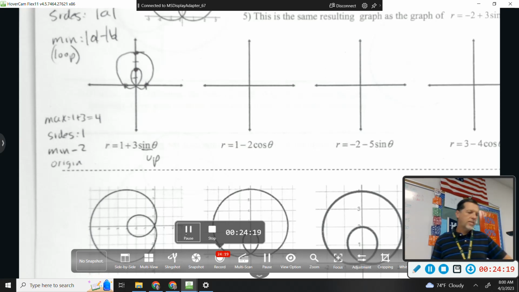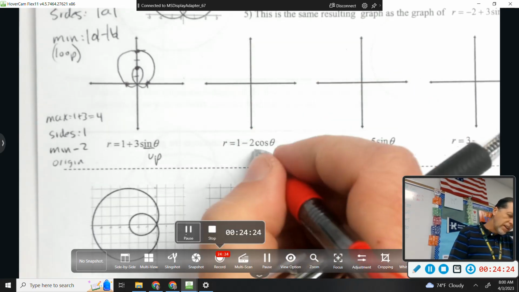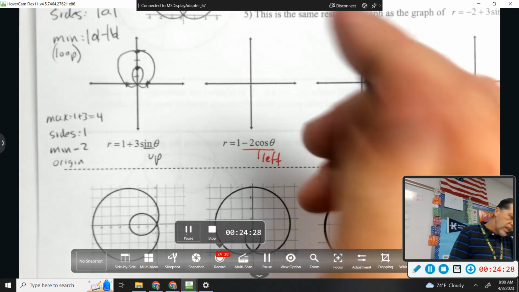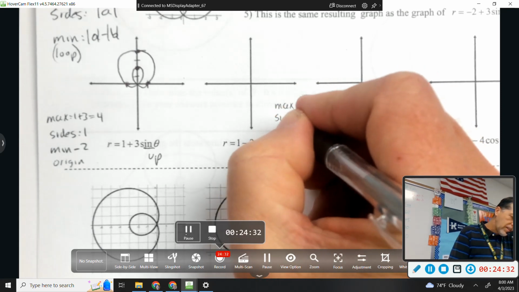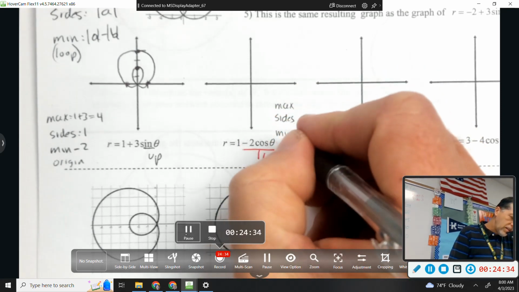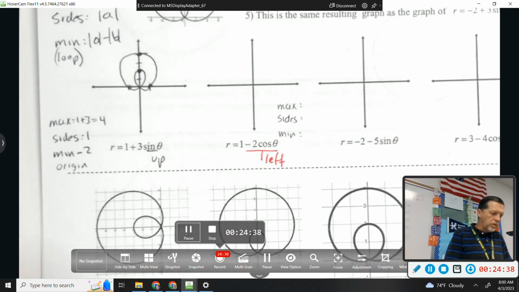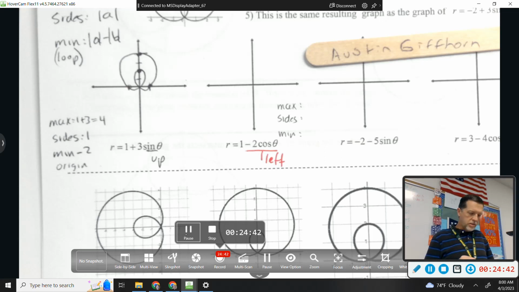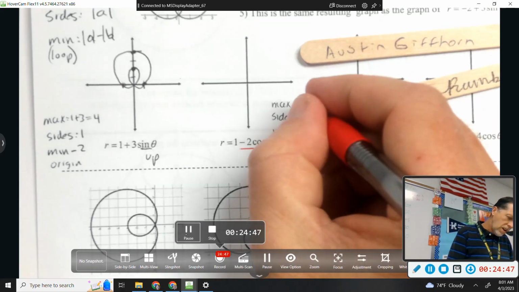All right, that second one. What's its orientation? Which way is it pointing? Left. All right, so we're heading left. Max, sides, min. Let's pick on some people here. So Austin, what's the max? 3.